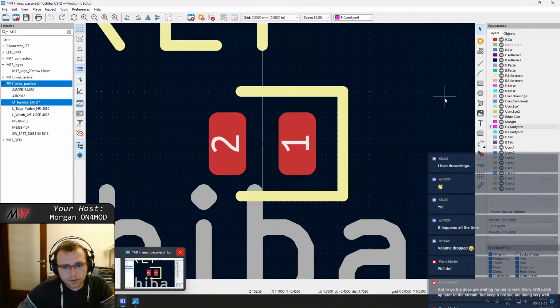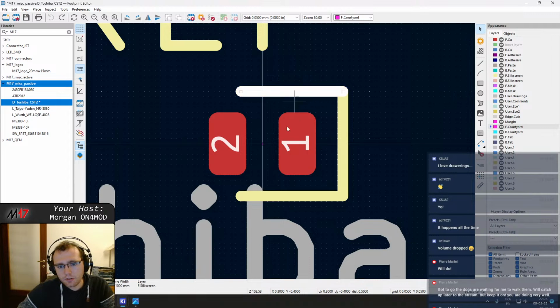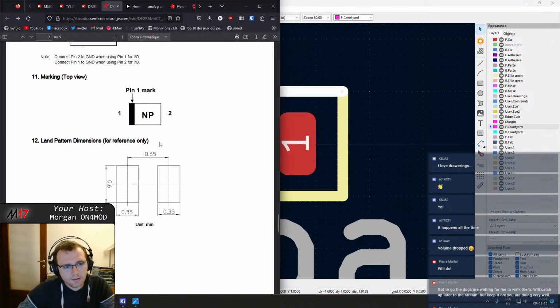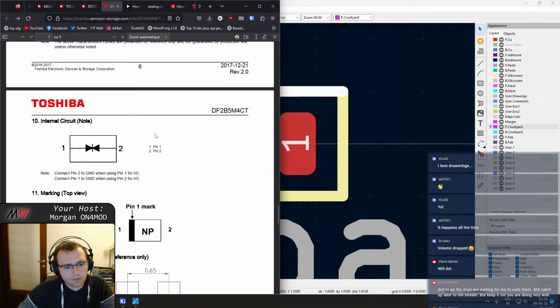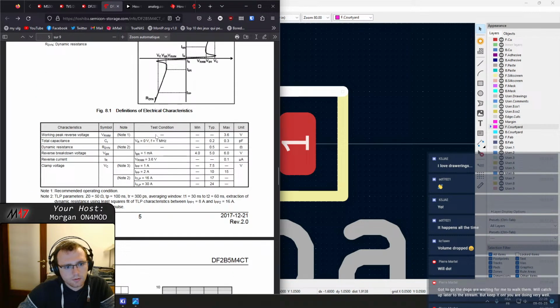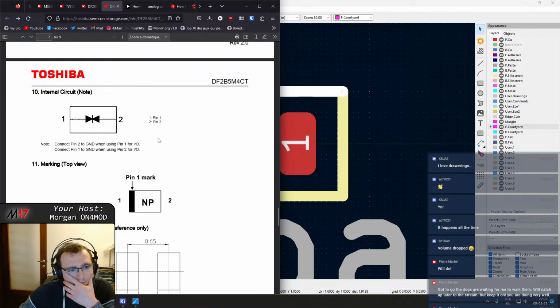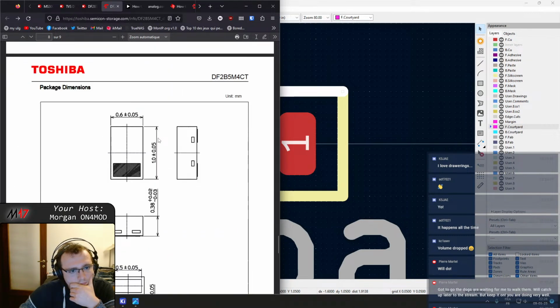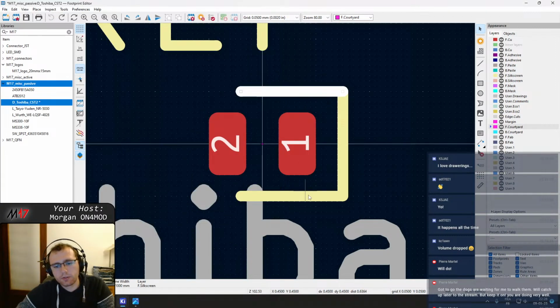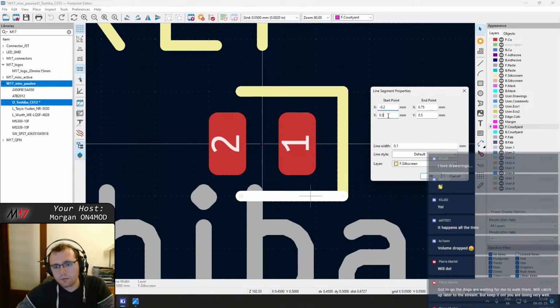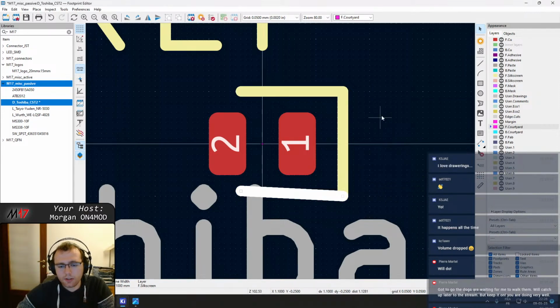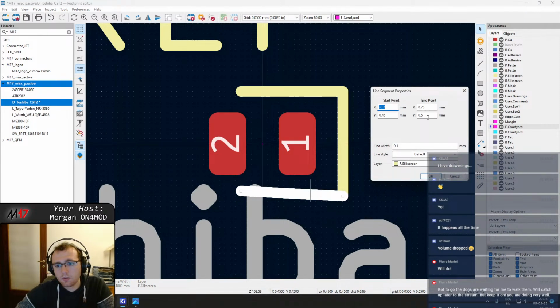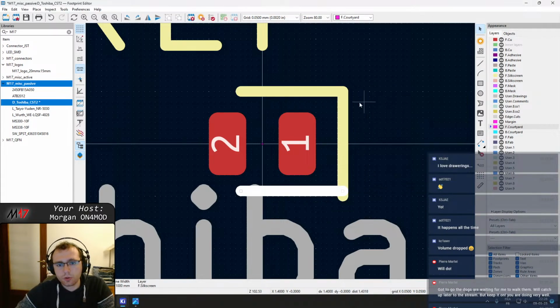The courtyard. Okay, how wide is the diode? It's 0.6. Okay. Yeah, so let's make that a bit smaller.